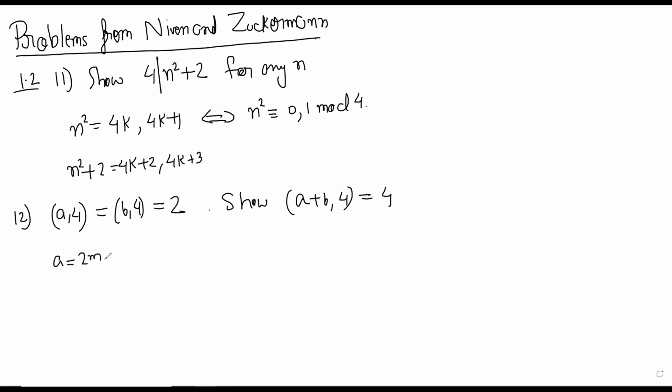A is 2M, B is 2N. Why are M and N co-prime to 2? Perfect. So basically M and N are odd. That's right.